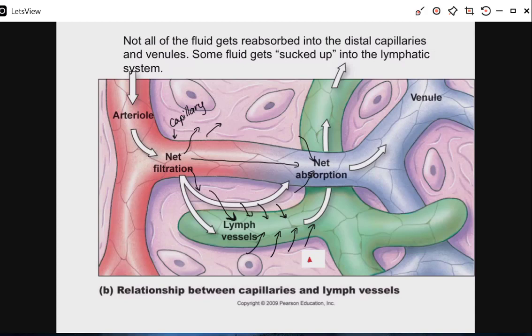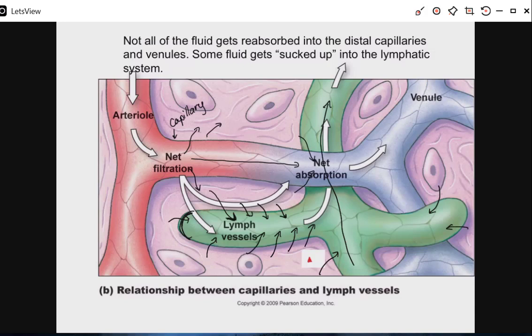And you'll notice something about these lymph vessels is that they have these kind of terminal ends. So what they're going to do is collect fluid from all of this interstitial fluid here. And then that fluid is going to start moving away from these terminal beds towards a bigger vessel. And I'll show you that in a moment.